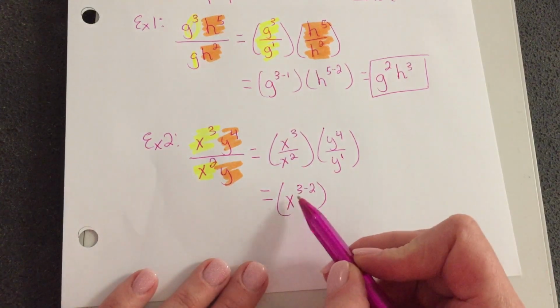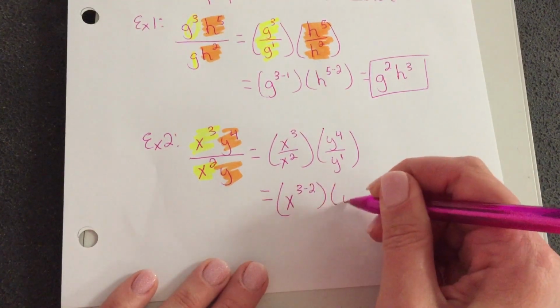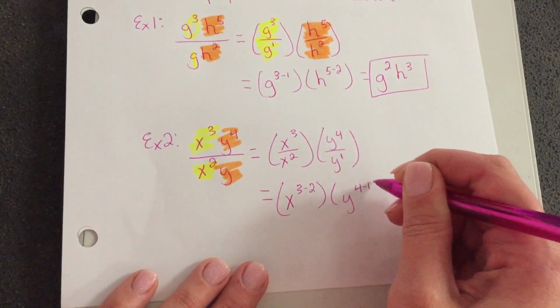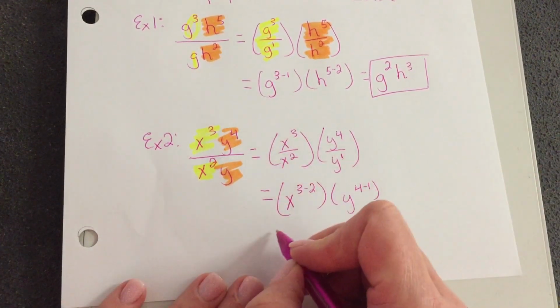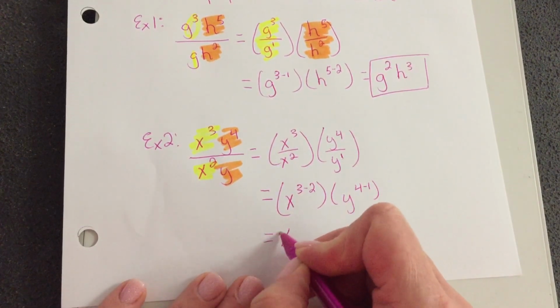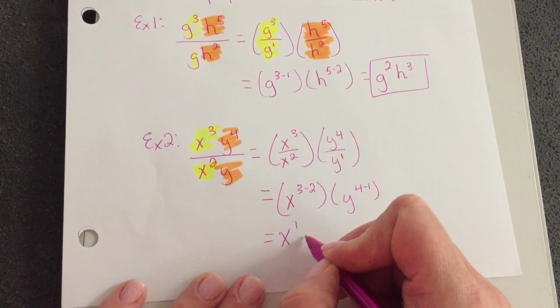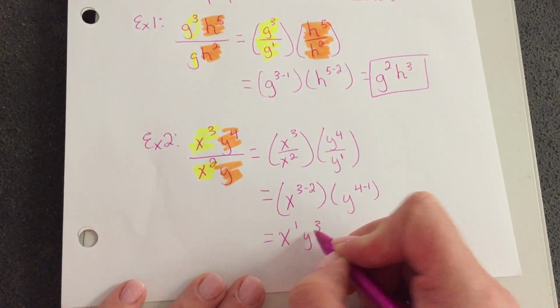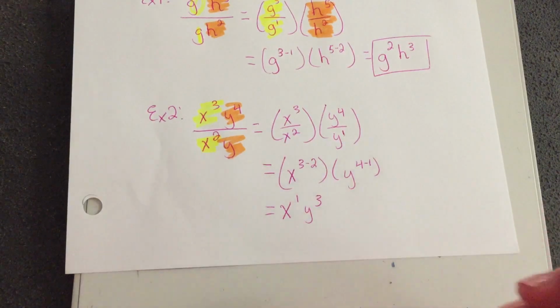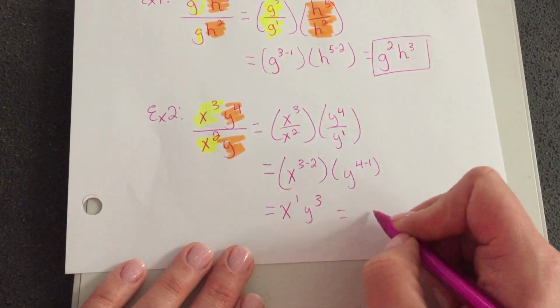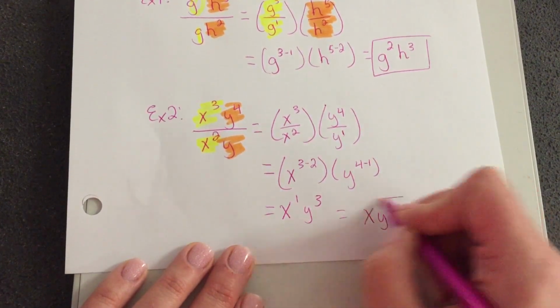So now we have x, 3 minus 2, and y, 4 minus 1, which is going to give us x to the 1, y to the 3. And you don't have to have that 1 there, so you just have x y cubed.